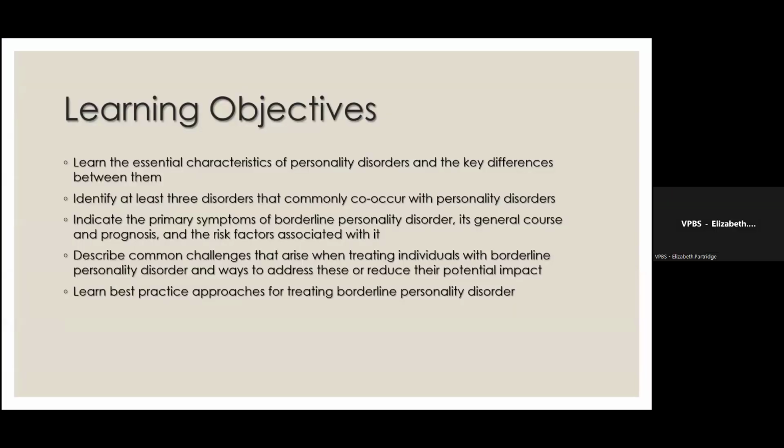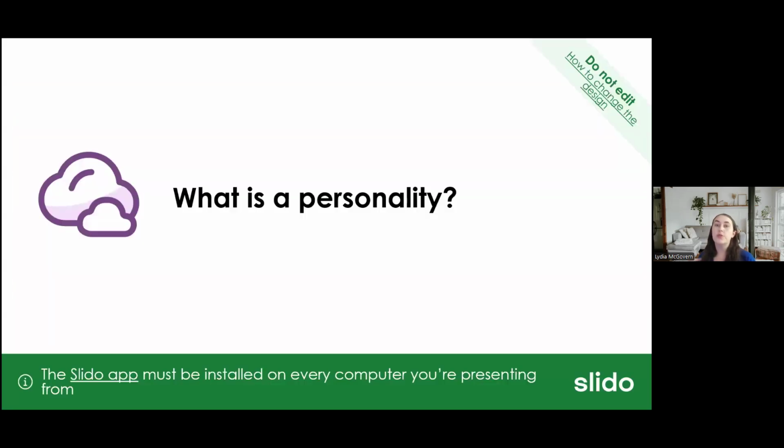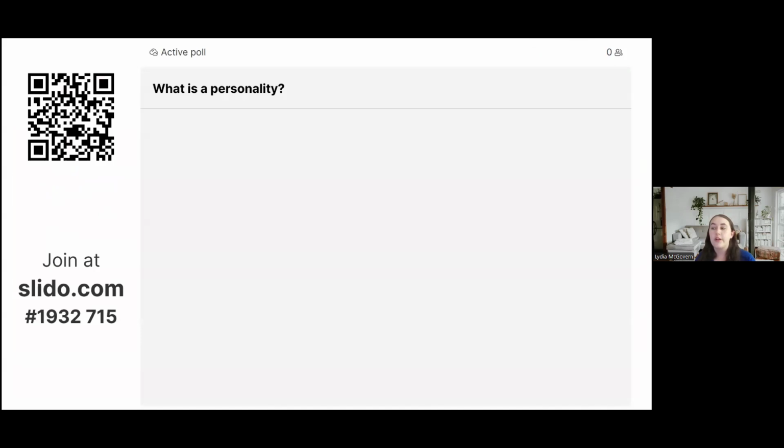Our learning objectives today are to learn the essential characteristics of personality disorders and the key differences between them, identify at least 3 disorders that commonly co-occur with personality disorders, indicate the primary symptoms of borderline personality disorder, its general course and prognosis, and the risk factors associated with it, describe common challenges that arise when treating individuals with borderline, and ways to address or reduce the impacts of those challenges, and to learn some best practice approaches for treating BPD. So before we can really get into personality disorders, we have to figure out what a personality is.